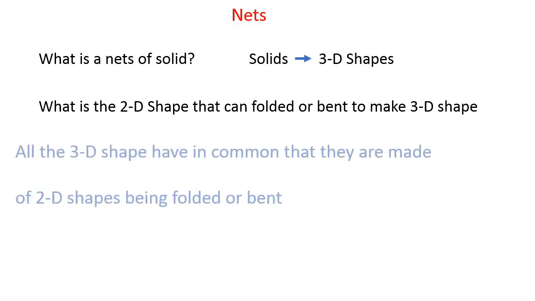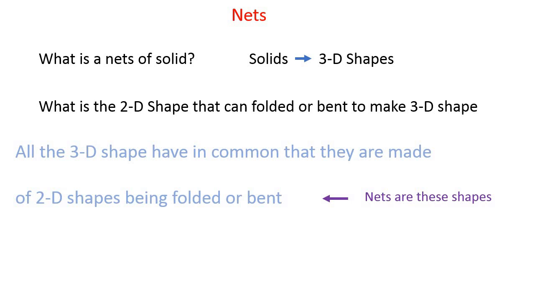So all the 3D shapes have in common that they are made of 2D shapes being folded or bent. And if that really happens, the nets are these shapes: all the flat 2D shapes connected together in a way that we can fold and make a 3D shape.